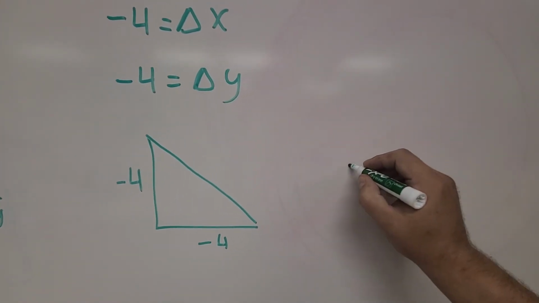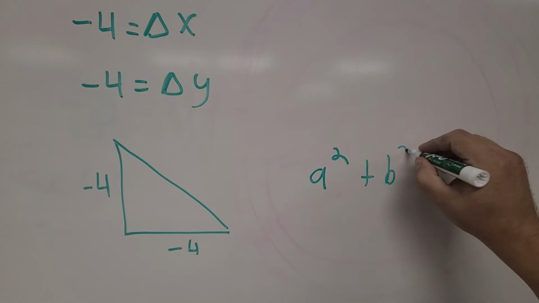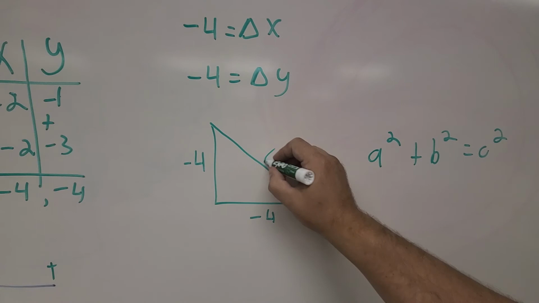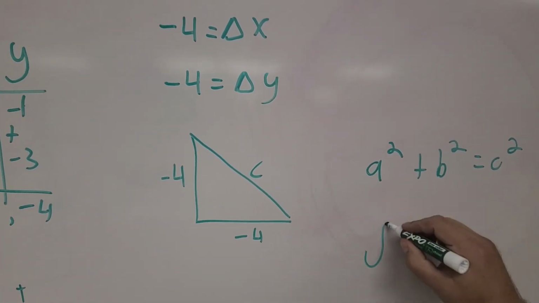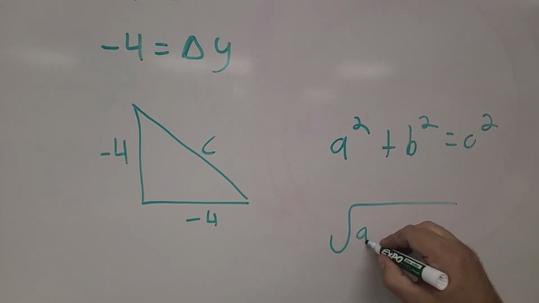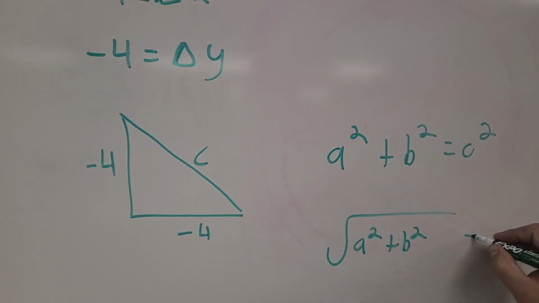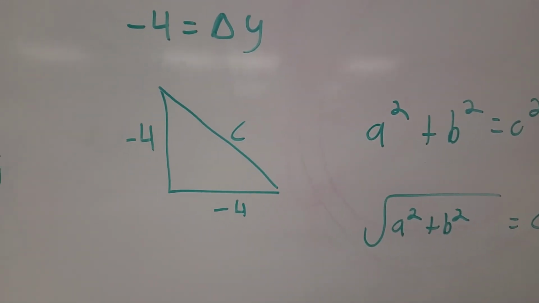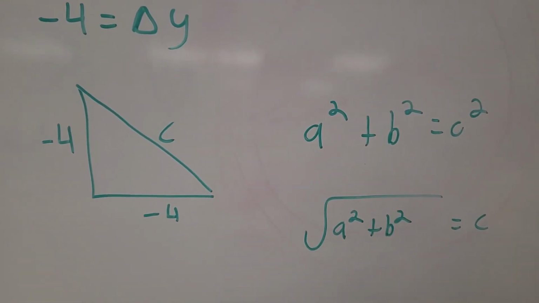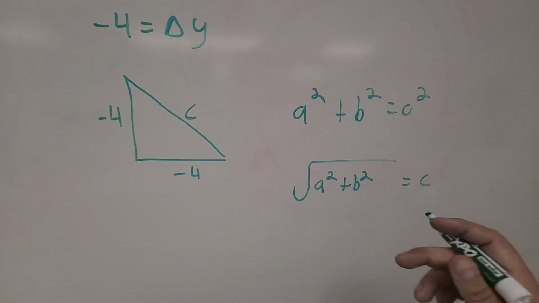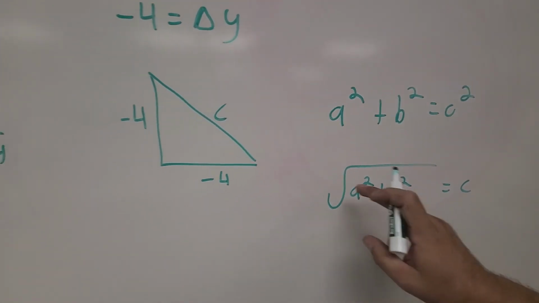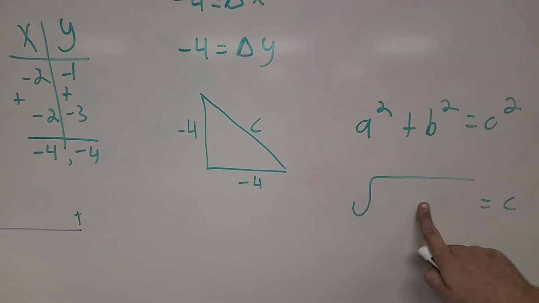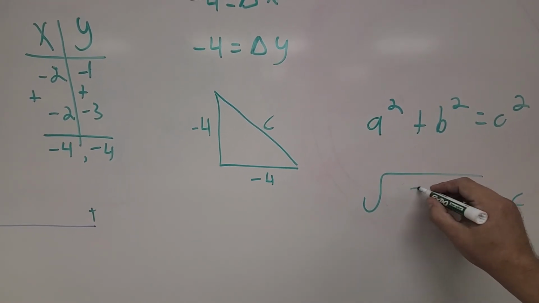Now we know the formula. A squared plus b squared equals c squared. If we want to find c, which is the hypotenuse of that triangle, we take the square root of the squares. Square root of a squared plus b squared equals c. I kind of like to start here. I skip this part most of the time because this formula is very familiar to me. It's the distance formula, and most of the time this is x squared and y squared, which is what these are. So negative 4 squared plus negative 4 squared is 16 plus 16, which is 32.